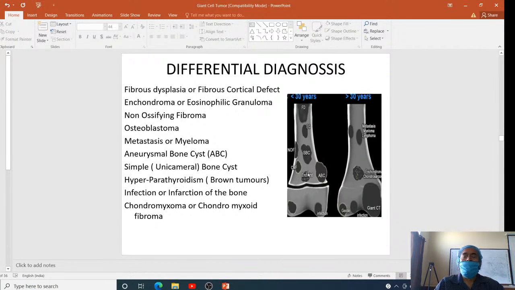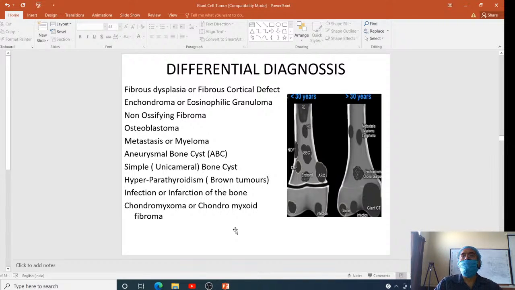So you need to know some conditions which can mimic GCT. Any osteolytic lesion anywhere in the body, these are the conditions which should be thought of. So it should fit in one of these conditions. All of you should know these 8 or 9 conditions.